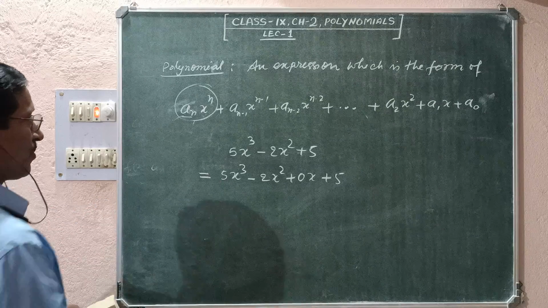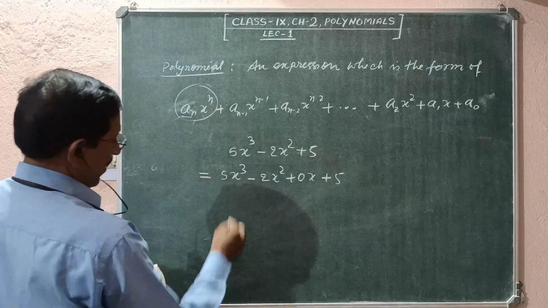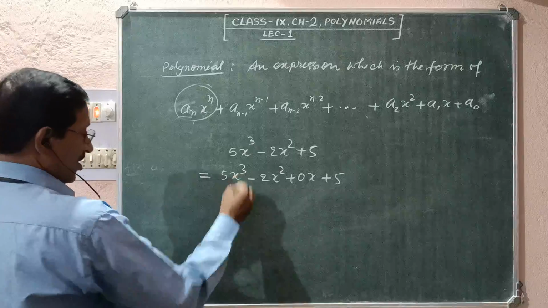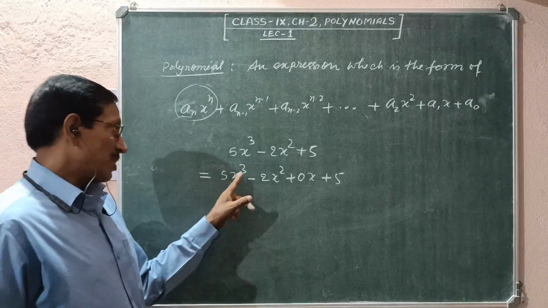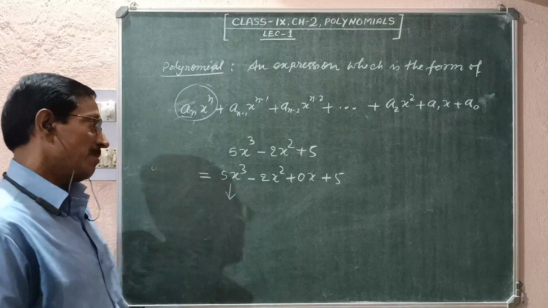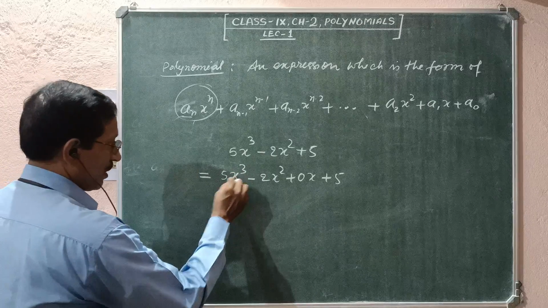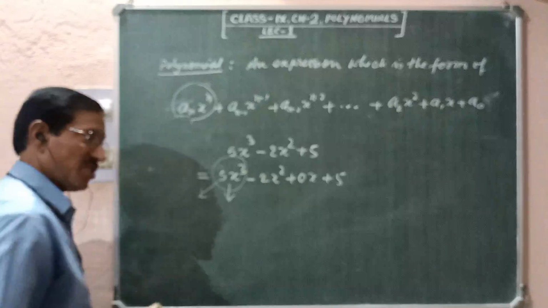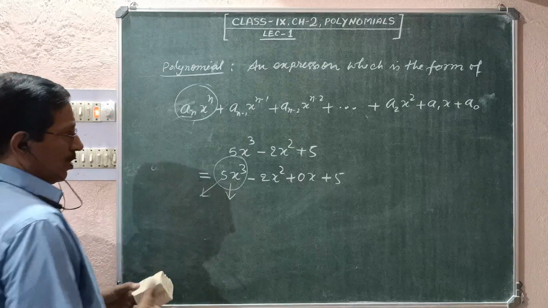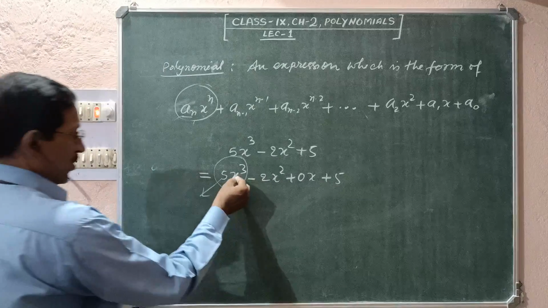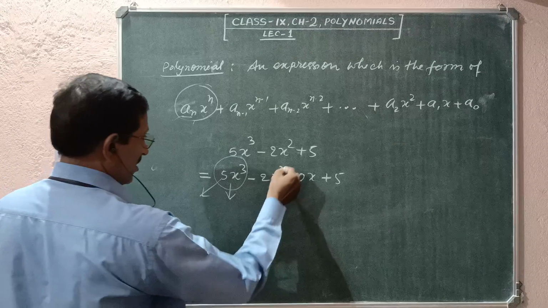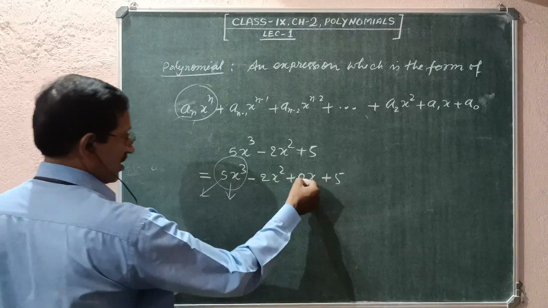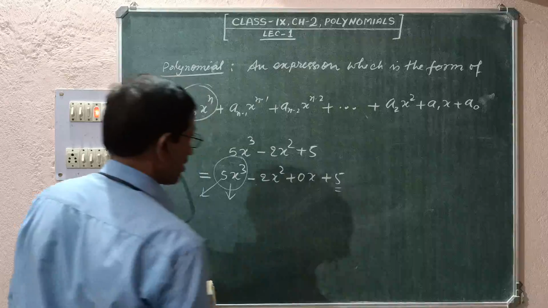It is written in this form, because this is the leading term, because 3 is the maximum power of the variable. So this term is the leading term, and 5 is the leading coefficient. So the coefficient of x cube is 5, the coefficient of x square is minus 2, the coefficient of x is 0, and this is a constant term.